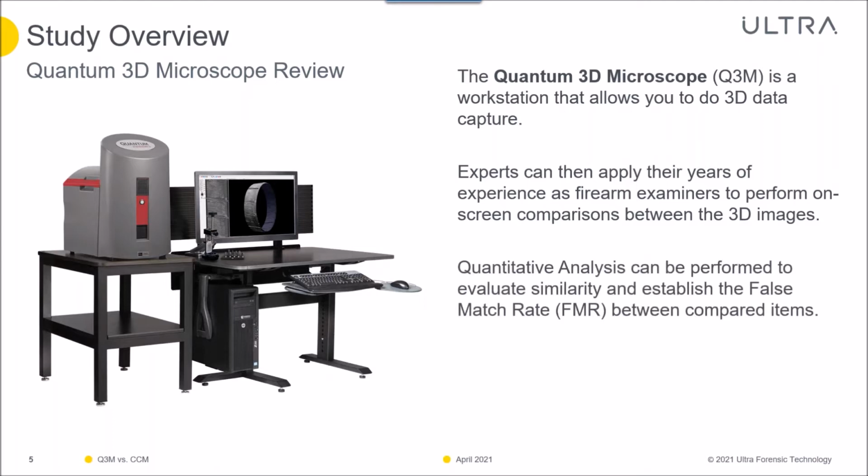In addition to that, you have the benefit of running quantitative analysis on bullet items that are being compared. And that will evaluate the similarity and establish a false match rate between the compared items. And because quantum is effectively a 3D microscope, it is calibrated using ISO 17025 certified targets.